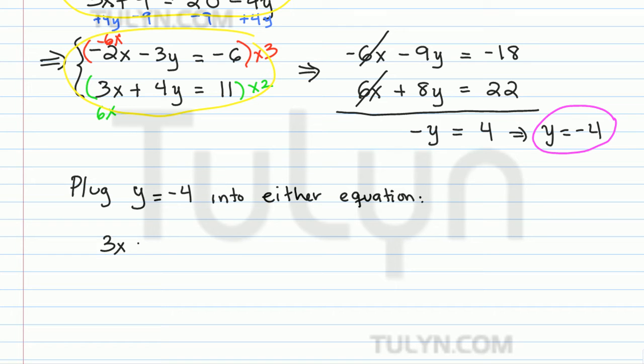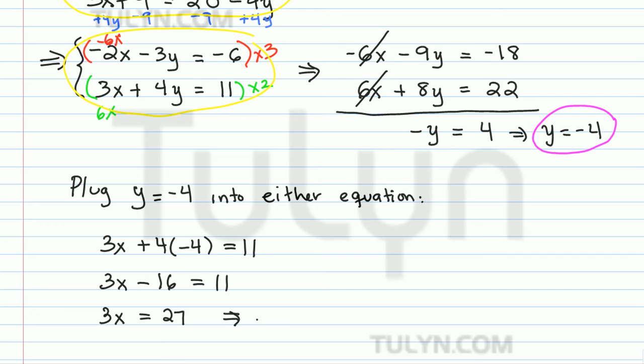So we get 3x plus 4 times y, which is -4, is equal to 11. So 3x minus 16 is equal to 11. So for 3x, we add 16 to both sides. That's going to give us 27.